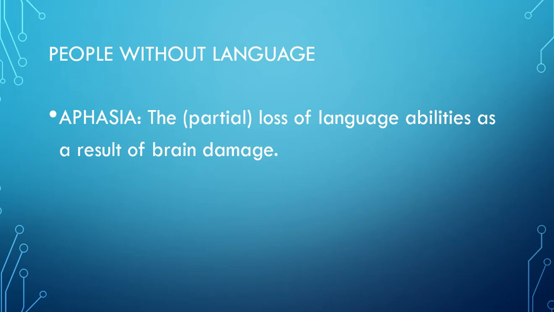Interestingly, it can be just a very tiny part of using your language. They may lose their ability to pronounce, or their ability to understand language, or their ability to speak coherently, or their ability to make grammatical sentences. So they can reveal a message, but their sentences will always be very strange.